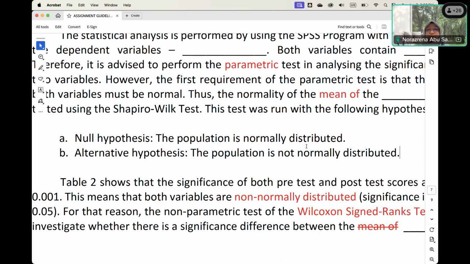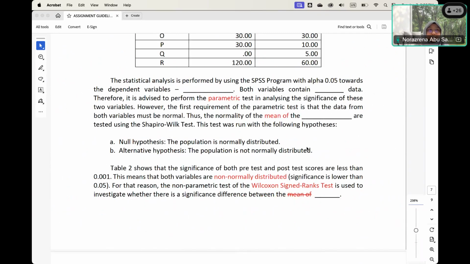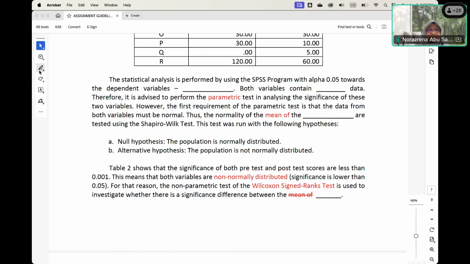To make it easy for you, how to write: from this, the cut line is 0.05. Let me find out how to write here.